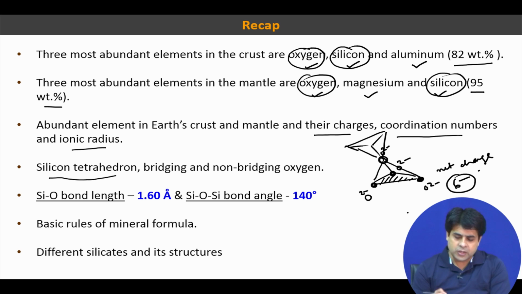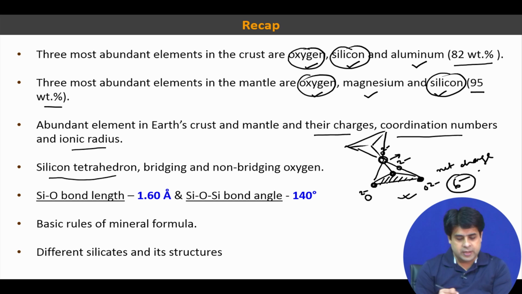In nature we do not find a scenario where the two bases of the tetrahedra are connected, but you find the oxygen present at the vertex of the tetrahedron connected. This oxygen is called a bridging oxygen, and all other oxygens which are not connected with other tetrahedra in the crystal structure are non-bridging oxygens.